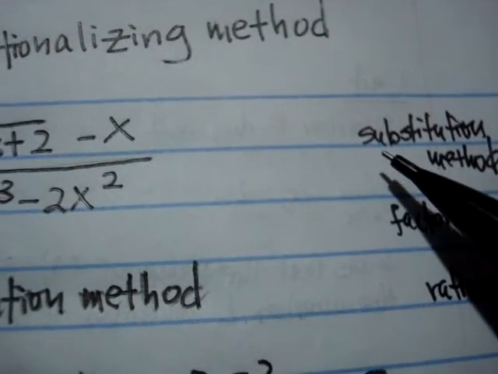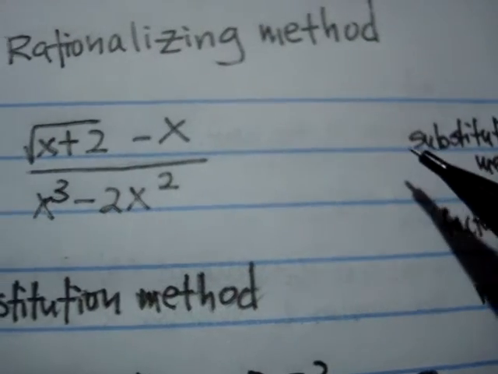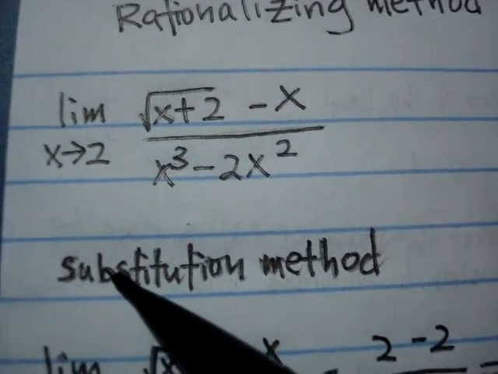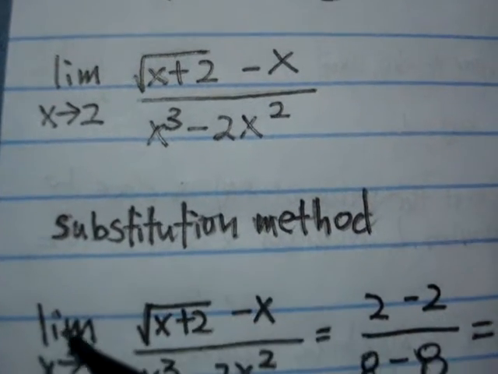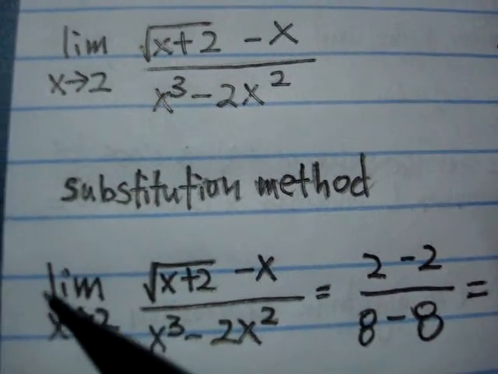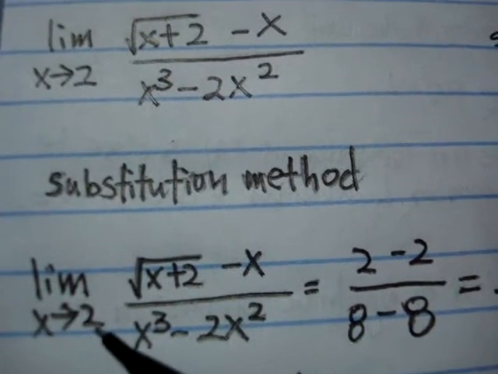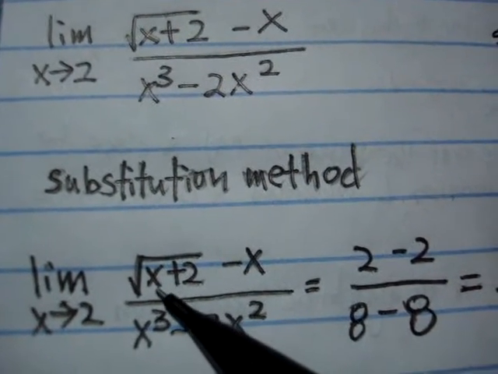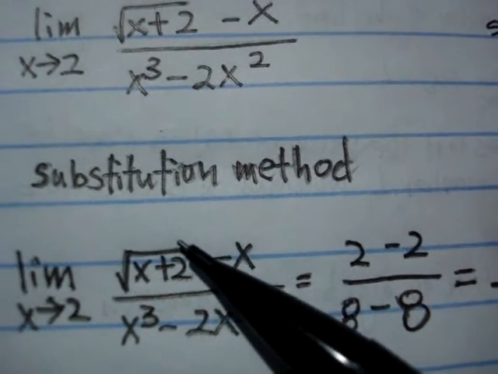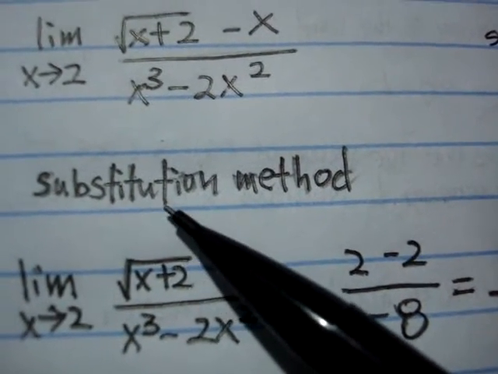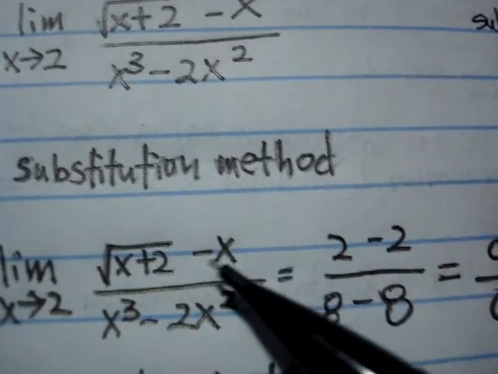The first method that you should try is the substitution method. The substitution method is the same thing as a plug-in method. So for this particular problem, you just plug in 2 into every variable that you see from the given.